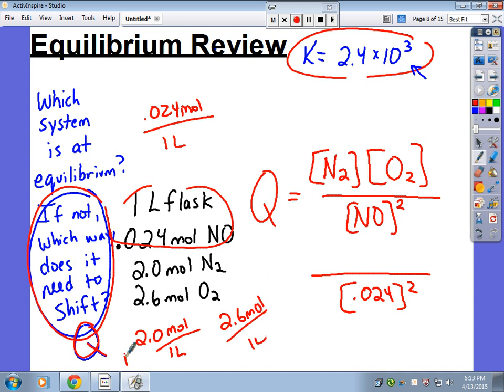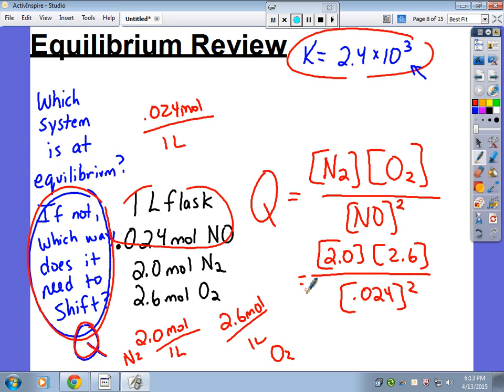Right? This is for nitrogen, and this is for oxygen. So guess what I'm going to put in for those values? I'm going to put in 2 moles here, and 2.6 moles here. Moles per liter. That's molarity. Now, I'm going to go ahead and do my math.